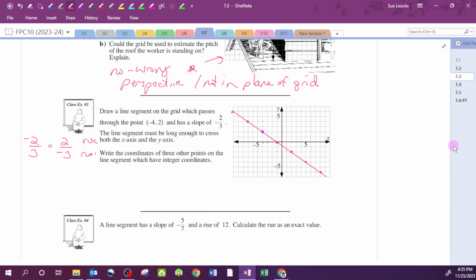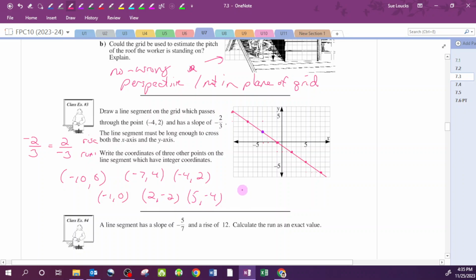So other points: I've got -10 and 6, -7 and 4, -4 and 2, -1 and 0, 2 and -2, 5 and -4, and 8 and -6. Hopefully you can see. I know I listed all of them, but in case you did it and wanted to make sure yours was right, there you go.